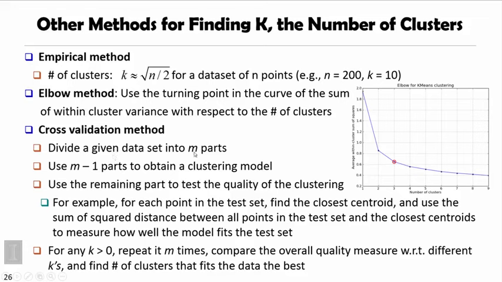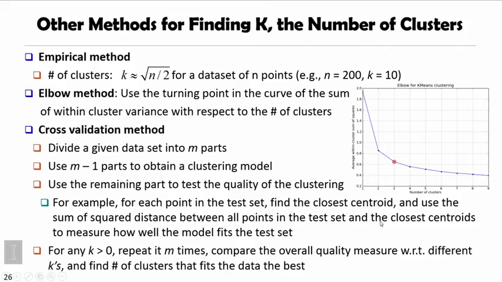That means you divide a given data set into m parts. You take one part as test data, and use the remaining parts to do the clustering. Actually, you can do this m times, so you can check the overall quality of the clustering. Then how do we test the quality? Suppose we use these m-1 parts to do the clustering, and we find k clusters. Then for each point in the test data set, you try to find its closest centroid.